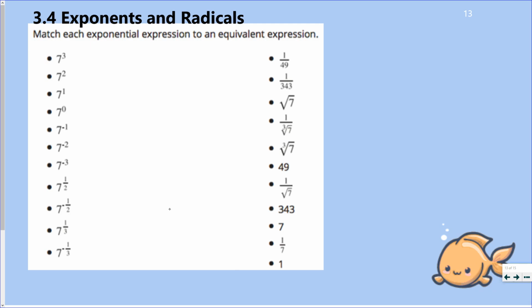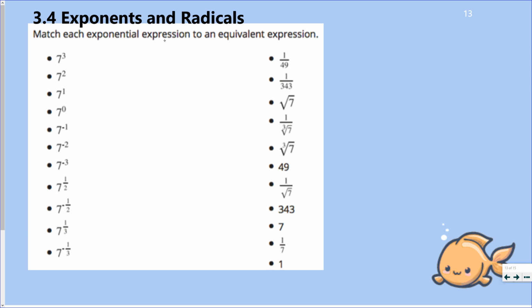All right. Match each exponential expression to an equivalent one. I think we could totally do that now. So think about it this way. When the powers go down, the highest power should have the highest value.